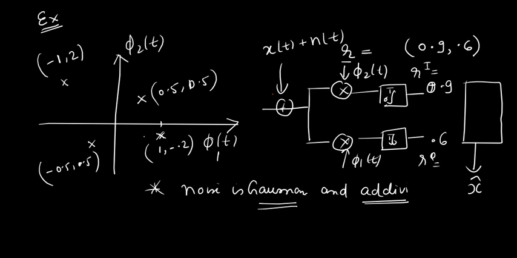Correct. So you will decide in favor of that signal point. So please do it and tell me which one is the closest. Whatever we have done is this: if your noise is Gaussian and additive, how you are going to estimate what you have transmitted.